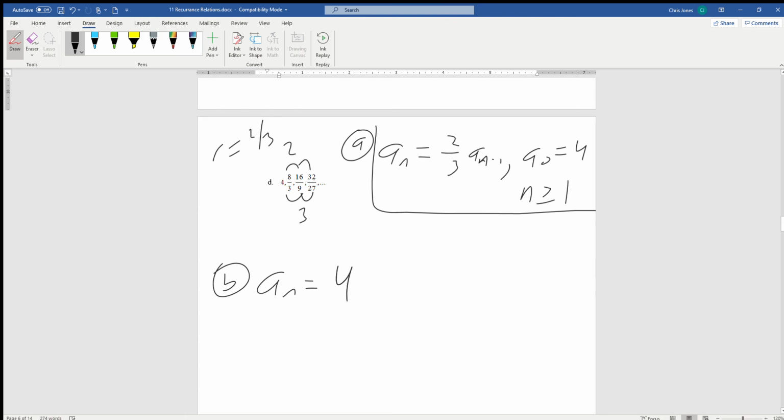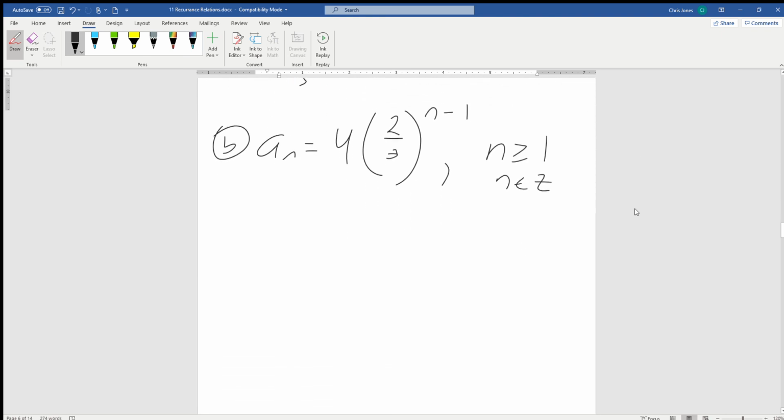So that's going to be 4 times 2/3 to the n minus 1 power, with the condition that n has to be greater than or equal to 1, otherwise this doesn't work. So we get rid of this equals. So we're going to say n greater than or equal to 1. If we really wanted to, n could be an element of the integers.